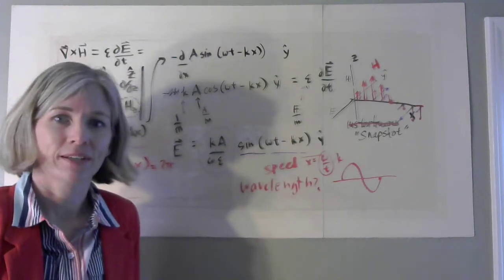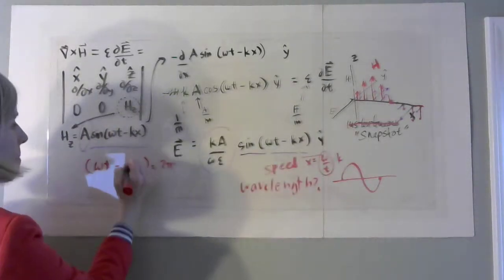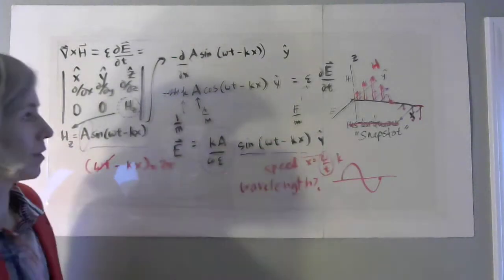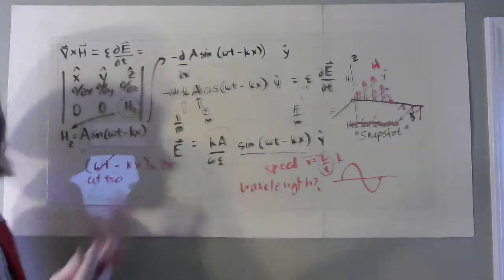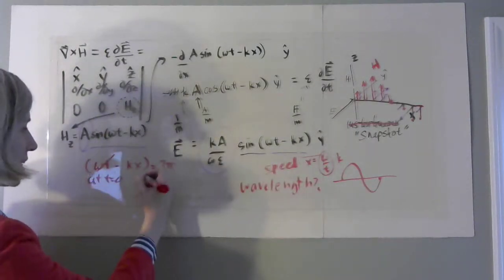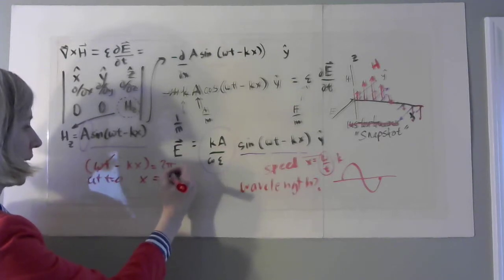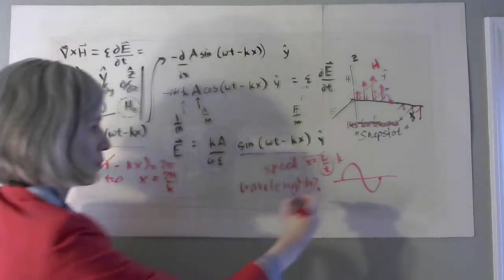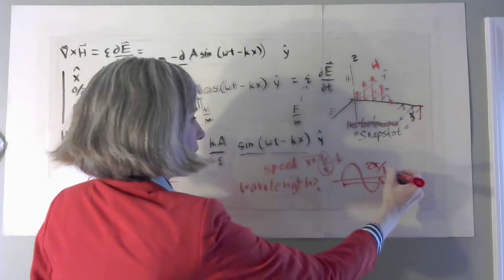Okay, and we can think about how long it takes to do that. If we keep the time constant, now we're doing this snapshot thing at t equals 0. We're freezing this wave so we can look at it and measure it. kx equals 2 pi when x is 2 pi over k. Okay, so that's your wavelength. We'll call it lambda.